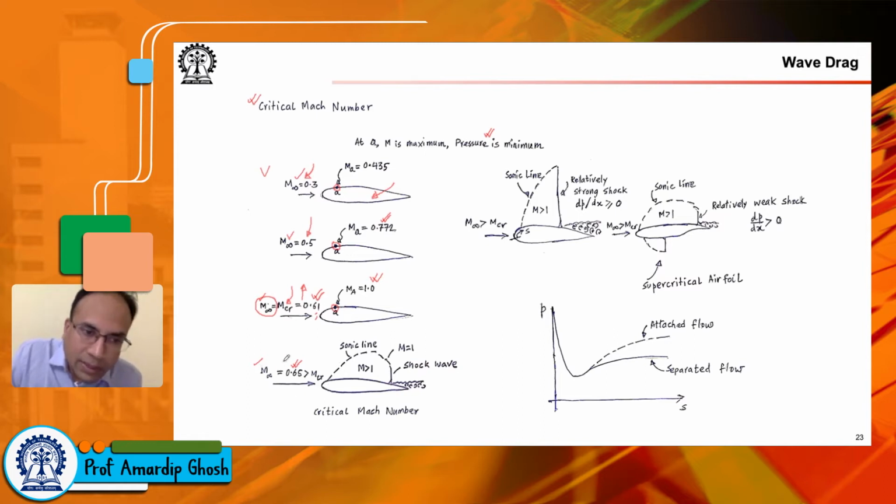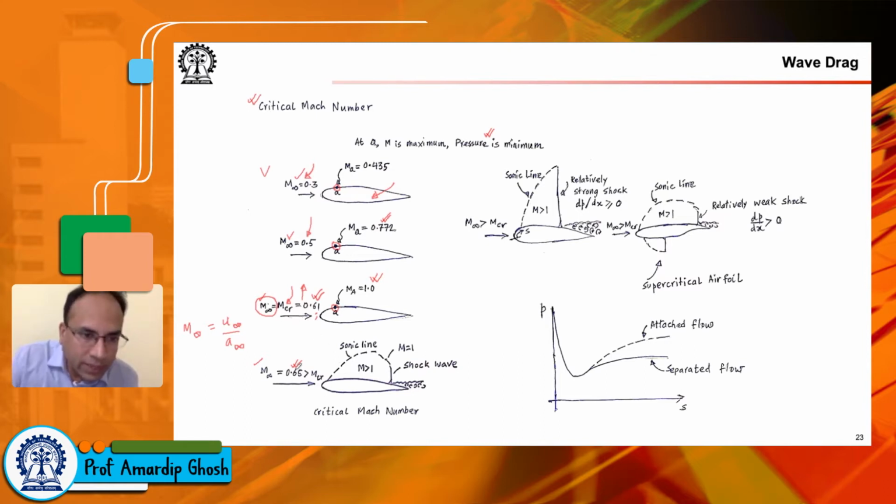So you understand that although the vehicle is flying subsonic, you remember M infinity is nothing but U infinity divided by a infinity, which essentially means the free stream velocity divided by the speed of sound in the free stream. So that is M infinity, and when M infinity is less than 1, you understand that U infinity is less than a infinity. That is why it is less than 1.